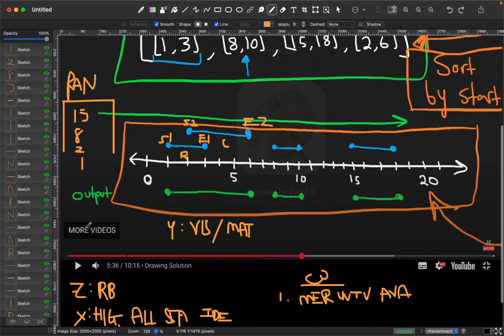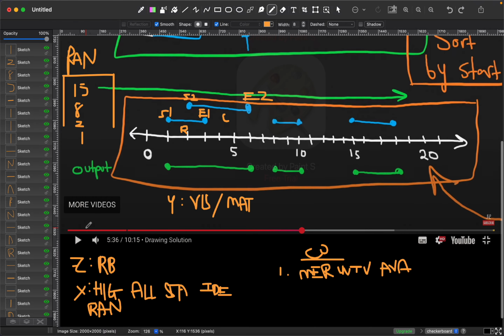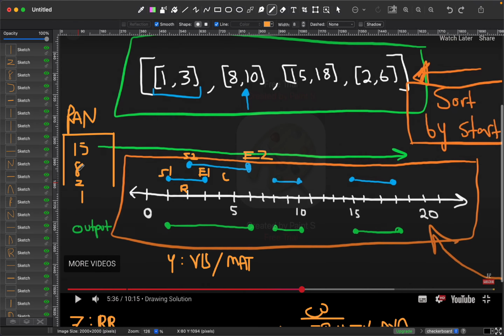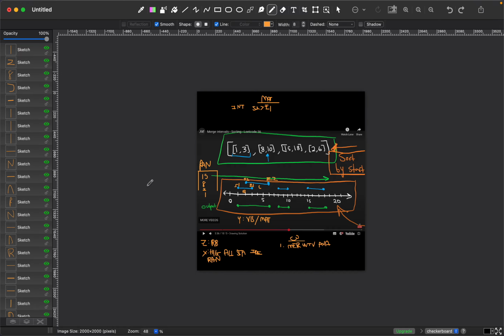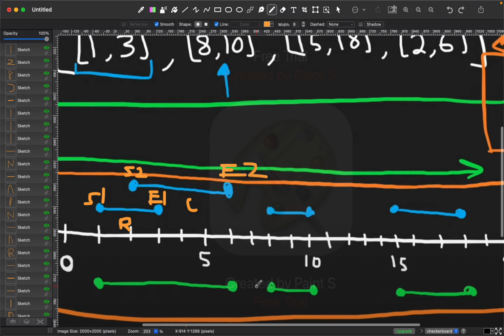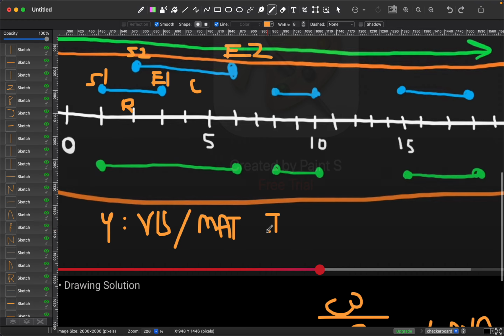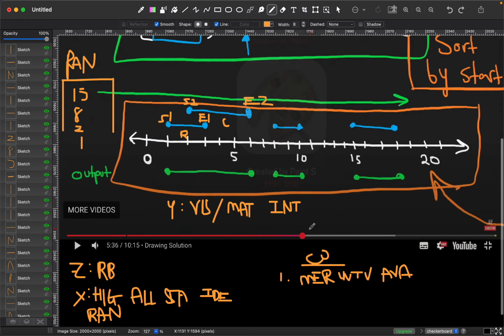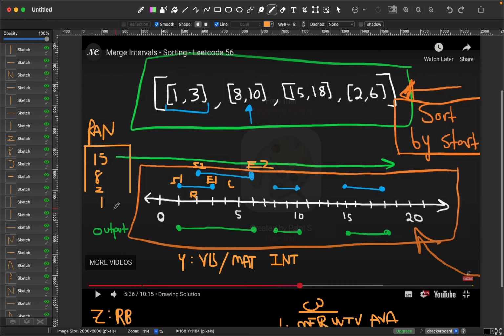Then you use this order to check whether there's interaction or not. You check this guy and this guy first: is there interaction? There is, so you combine it.